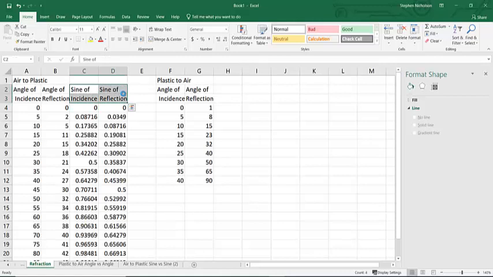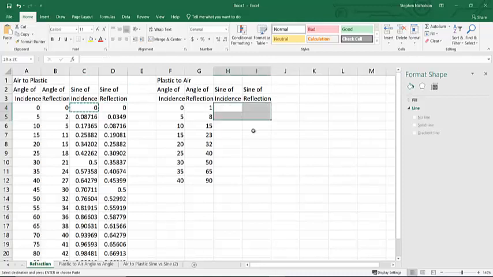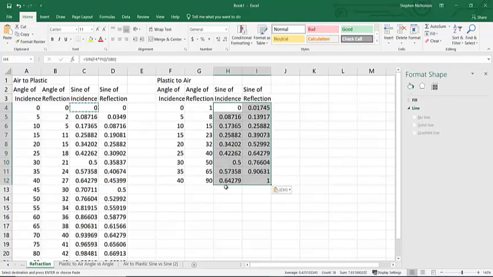So I'm going to do Control C, Control V, and then I'm going to just copy the equation. So I'm going to highlight there, and because everything's in the same relative position, I could just copy that one equation to everything, and so we get that. So that's our data for the sine of the angle.